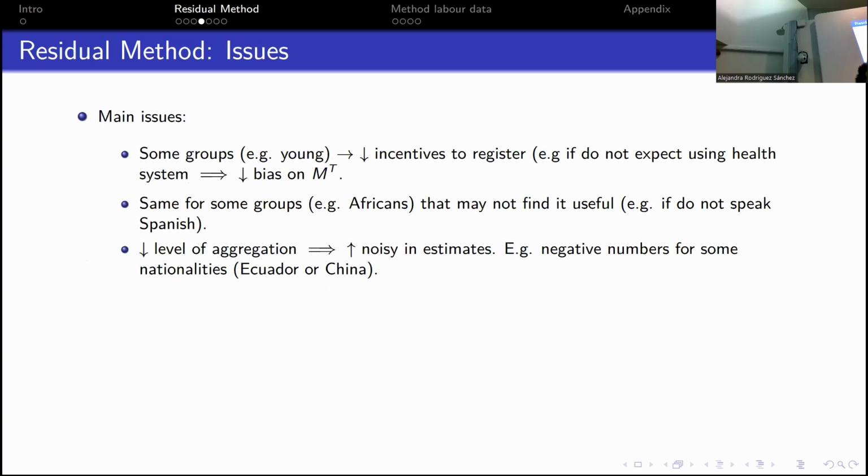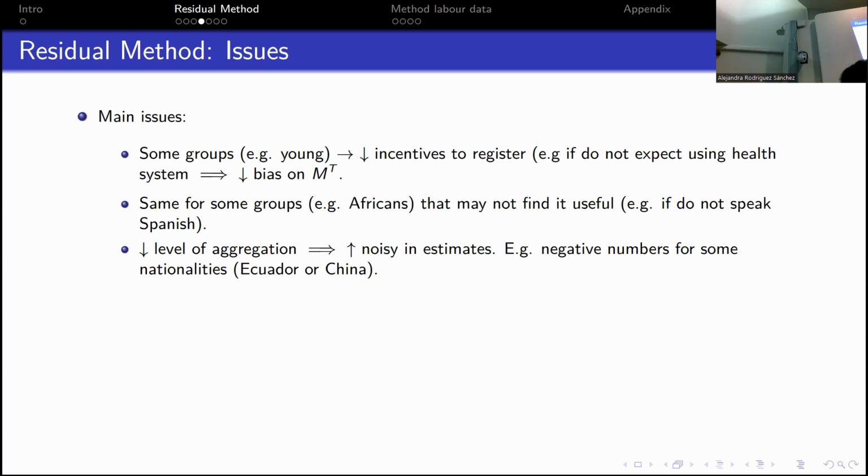Okay, so this is a fact. My argument is that some groups have low incentives to register in the municipality, and that will bias the estimation of irregular migration downward.